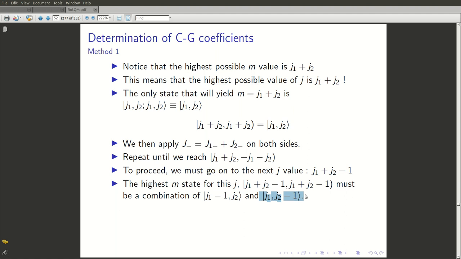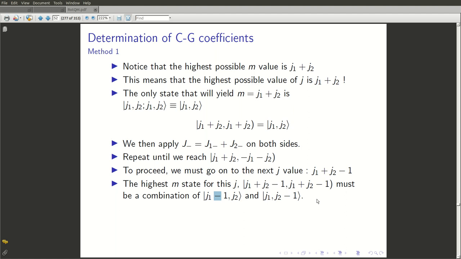So there are two possibilities. The fact that the eigenvalue for Jz is J1 plus J2 minus 1 is not sufficient to tell you exactly what the state is, unlike here. Here, up to a phase factor, you knew for sure that the state has to be J1, J2, because there's only one way to get J1 plus J2 as a Jz eigenvalue. Here there are two different direct product eigenstates, J1 minus 1 comma J2 and J1 comma J2 minus 1, which both give you the same Jz eigenvalue.